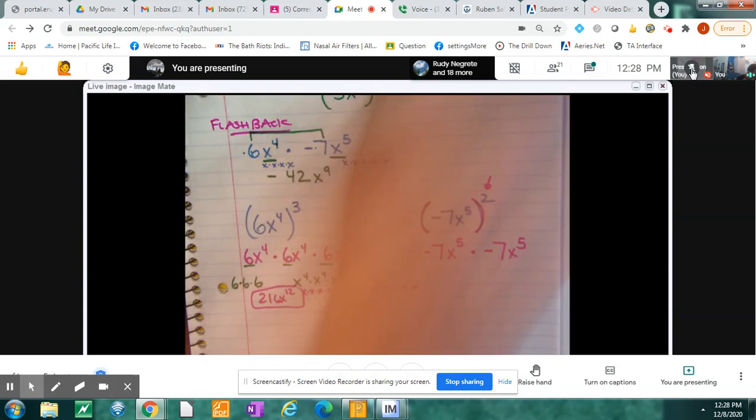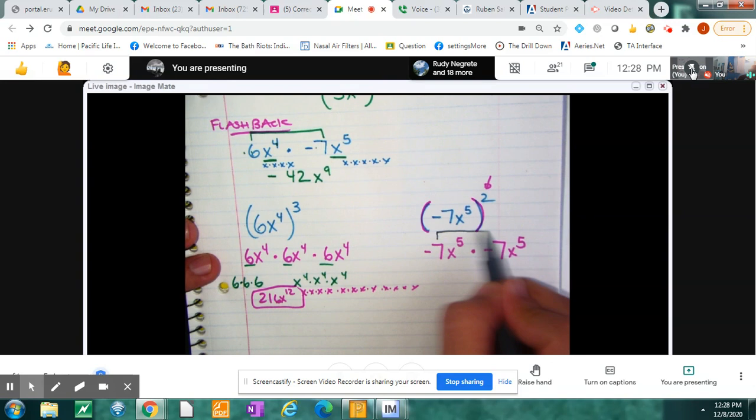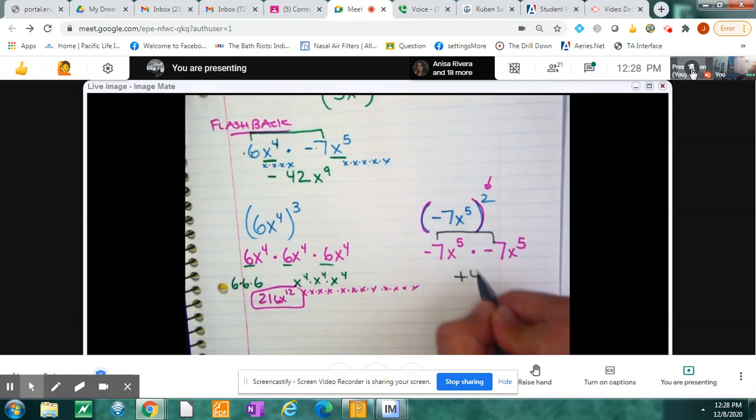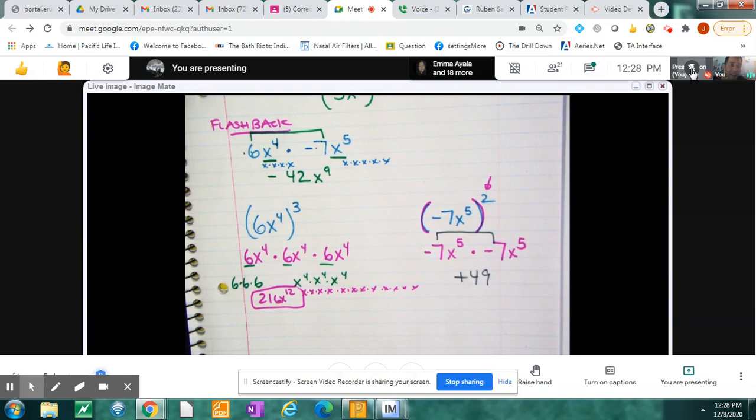What are we going to multiply? The negative times the negative is the positive. And what's 7 times 7? Yeah, 49. Now, am I going to multiply the exponents, 5 times 5, 25? Some kids will do that. But what are we going to do? How many x's are there?